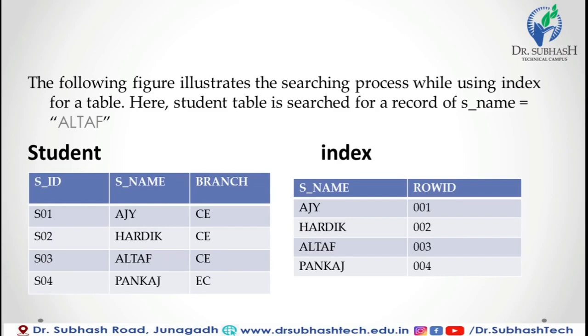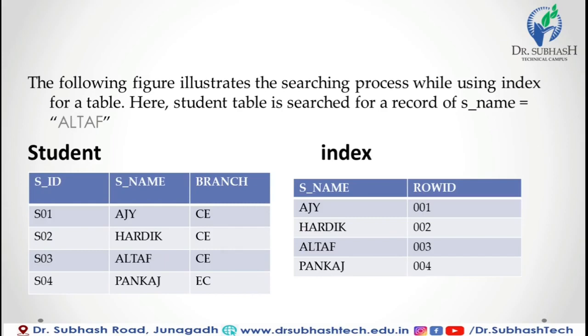In the index, Altaf is in the third position, and the row ID is 003. The row ID returns the direct memory address where Altaf is stored. So the searching is more efficient compared to our student table.